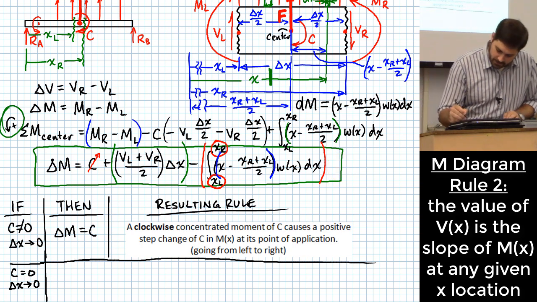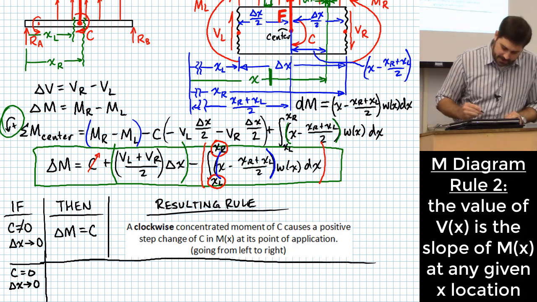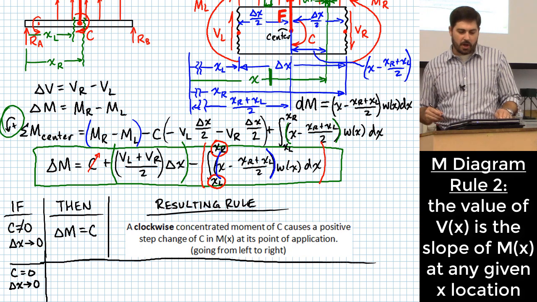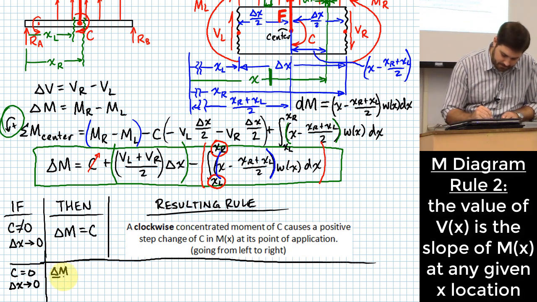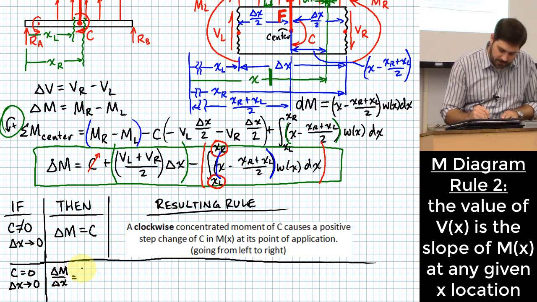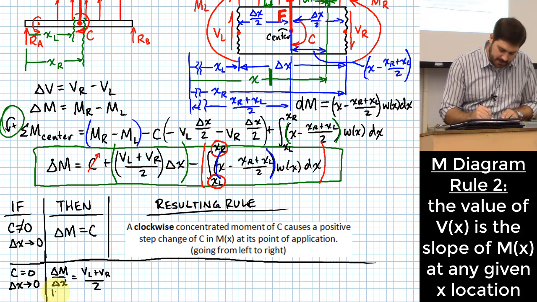Okay. Well, we can say delta m, tell you what, let me solve it out for delta m over delta x. This is going to be equal to VL plus VR over 2. But keep in mind, we're taking this limit, right, as delta x goes to 0.